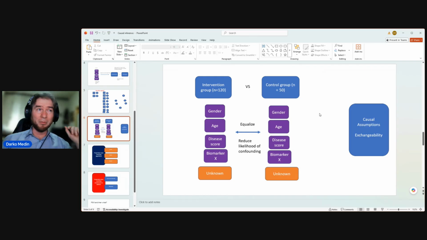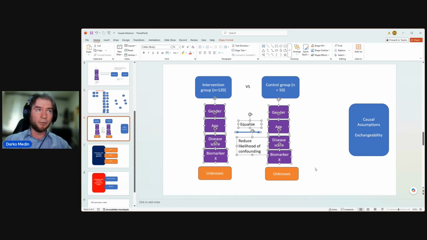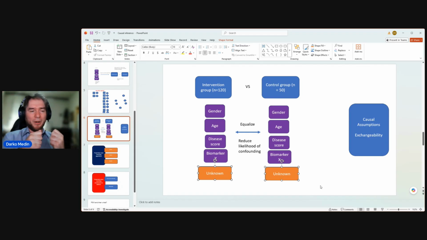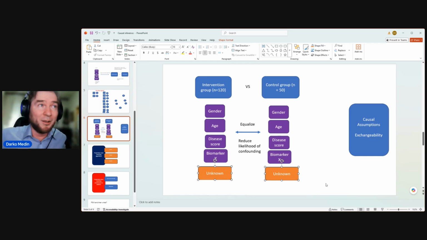But there's a problem. Unmeasured confounding: sometimes, it doesn't happen always, but sometimes it happens that as we solve the measured confounding, the unmeasured confounding starts to spike. So there is a paradox. Initially, we started by trying to fix the confounding, but actually we ended up increasing confounding, sometimes by a large amount, in the space of unknown confounders.